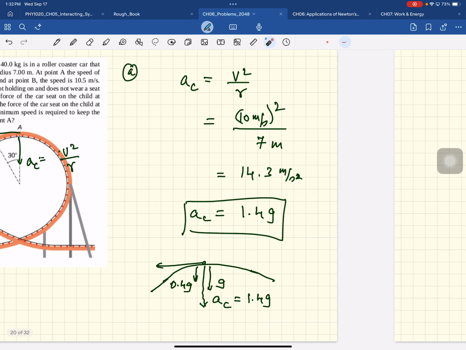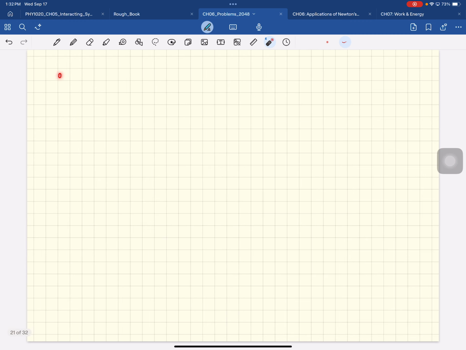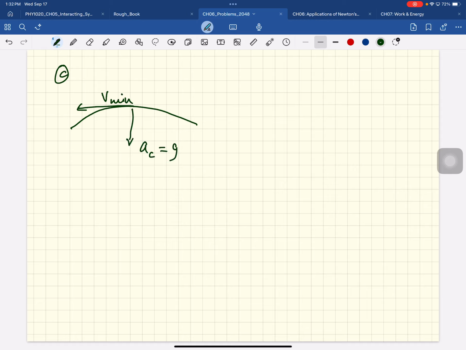So let's calculate the minimum speed. The minimum speed is such that the centripetal acceleration is equal to g.